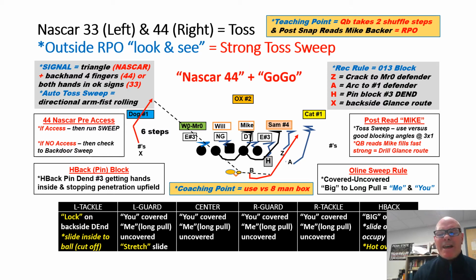We're going to line up in that 4x1 squeeze set to the right. But now the base play is our toss sweep, which is our Razorbacks to the right. Again, if the coach wants to stay with it, he simply gives the go-go. The quarterback does the verbal of go-go, and we're off running really fast. Sweep to the right, Razorbacks.